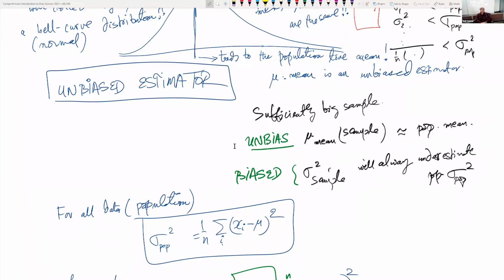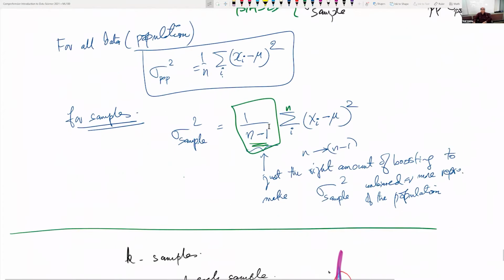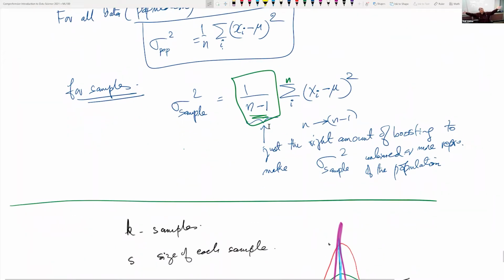So that's that. But there are biased estimators. It turns out that while mean is an unbiased estimator, variance is not. Standard deviation is not. The reason for that is any sample standard deviation will always be less than the true population standard deviation. I gave you an explanation: any sample that you take will not capture the entire range of values, and therefore it's likely to have a lesser variance.